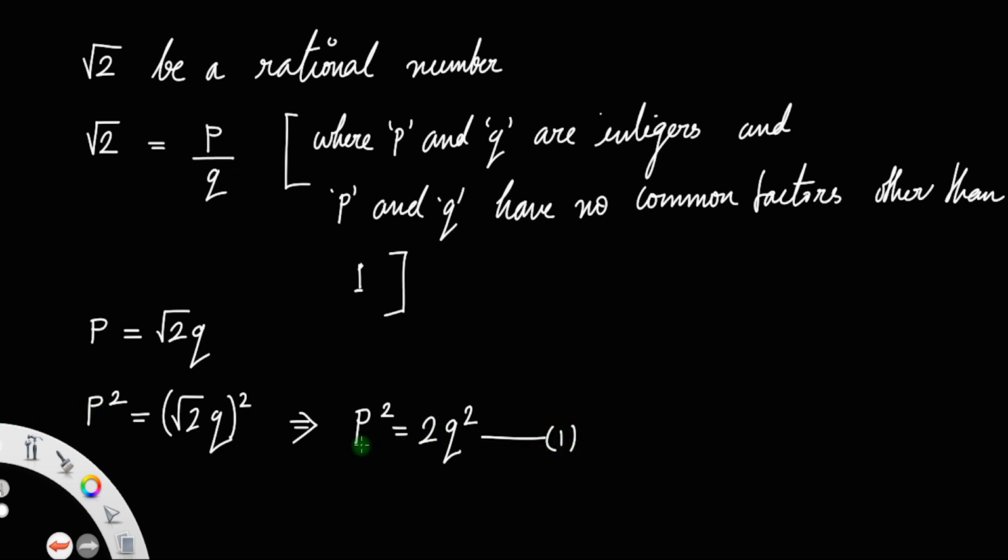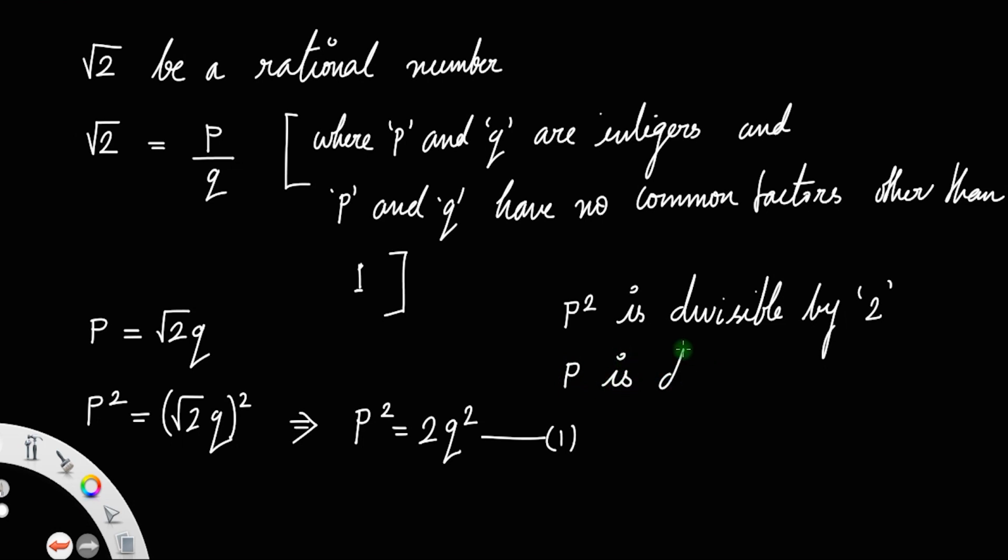So, p square is equal to 2 multiplied by q square, which means that p square is divisible by 2. If p square is divisible by 2, then p is divisible by 2. Clear? So ultimately we have p is divisible by 2.